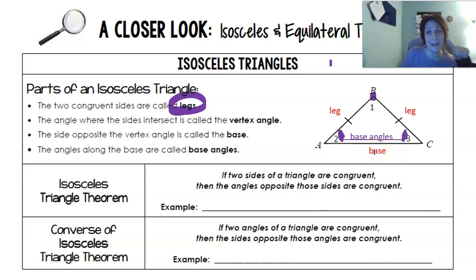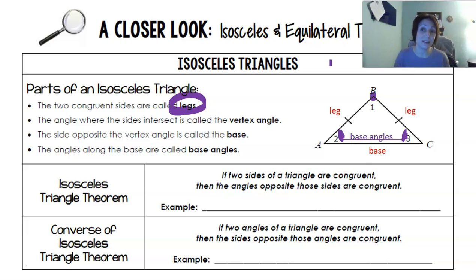So here's the thing about isosceles triangles that's a little bit magical. Okay, there's a lot of words at the bottom of this screen here, right? But we're going to simplify it a little bit. We know that isosceles triangles have 2 congruent sides. And as it turns out, when the 2 sides match, magic happens, and the 2 angles that go with those sides, the pairs, those are also the same.